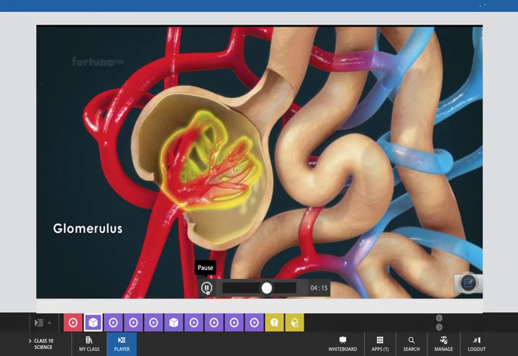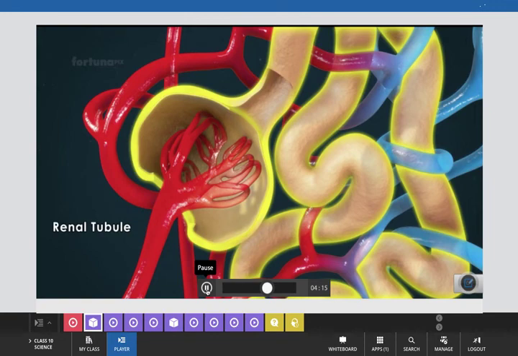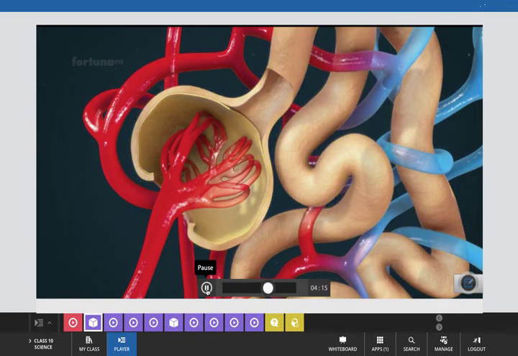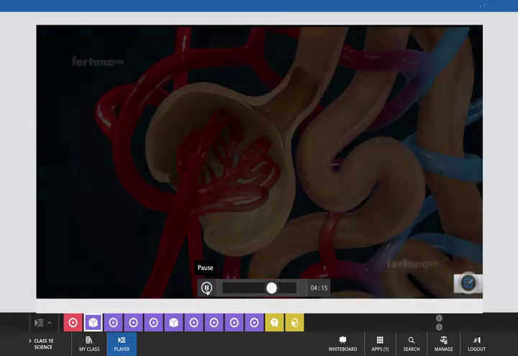Each nephron includes a glomerulus and a renal tubule. Each glomerulus sits within a cluster of capillaries in a shell-like structure known as the Bowman's capsule, and as a whole, they will serve as the basic filtration unit.